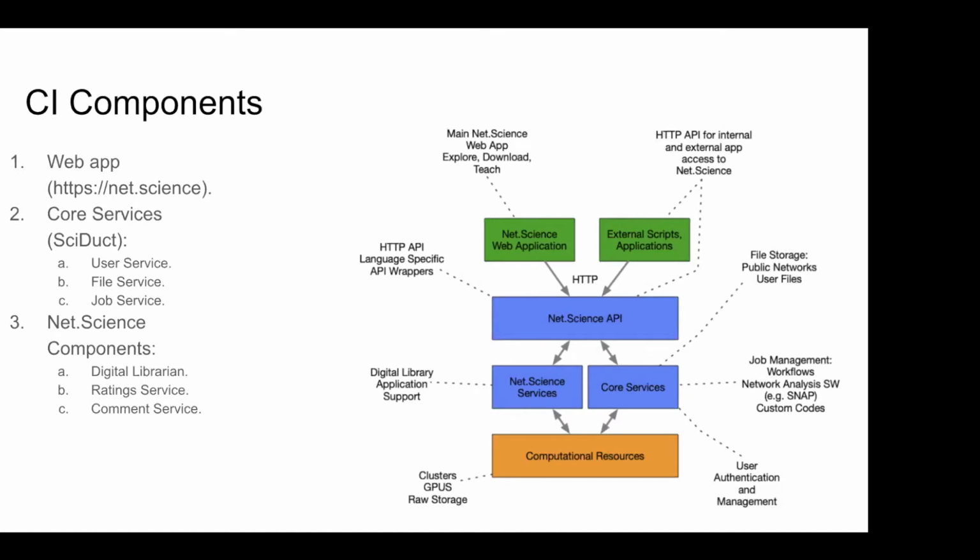This is the entry point into the computational backend, where we have core services, for example, file service, job management system, and user service for user authentication, as well as the computational codes. And on the left, we have supporting services such as the digital library, or digital librarian, which we'll look at in the next slide. And then down at the bottom, we have computational resources.